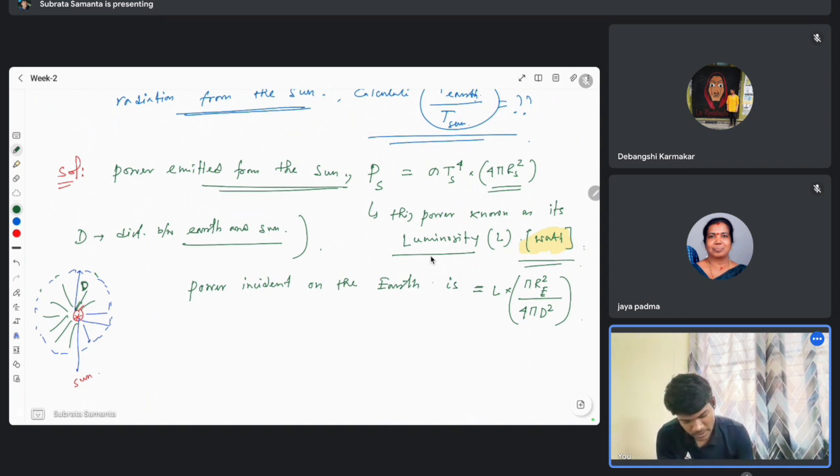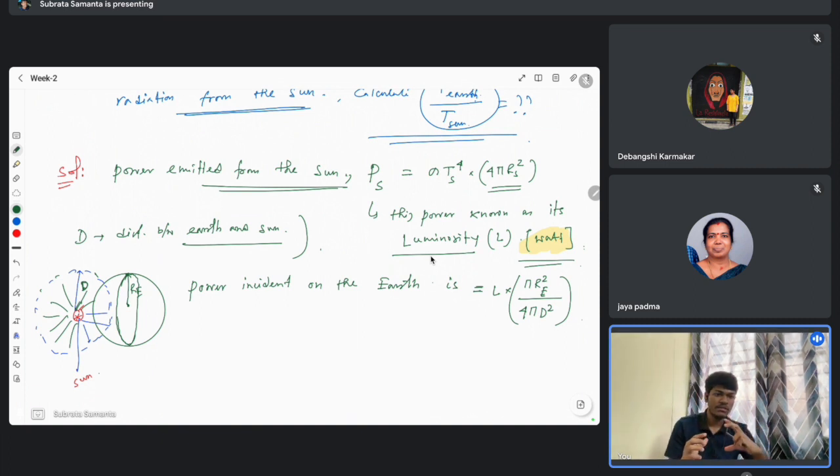Because only these portions catch it. Let's say this is your Earth surface, and the Earth radius is r e, right? So only these portions, and this is the pi r square.